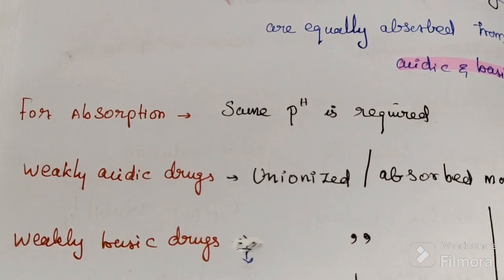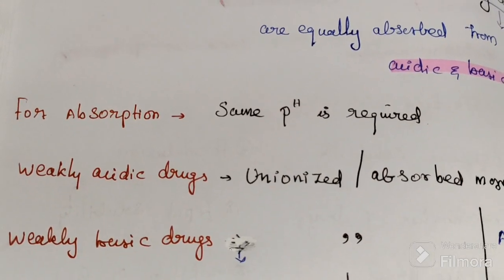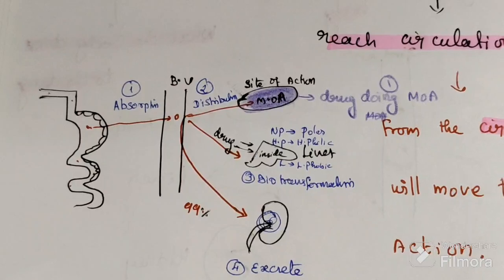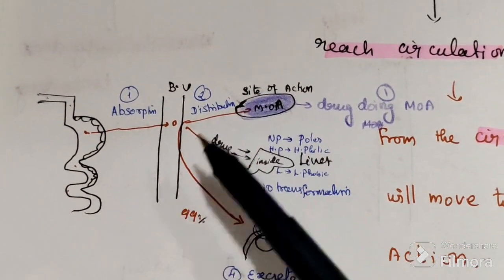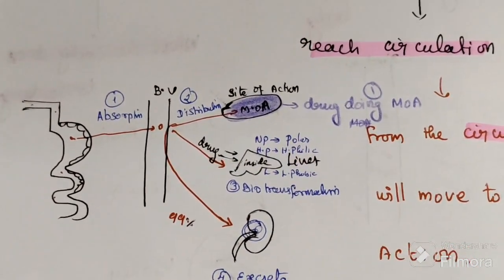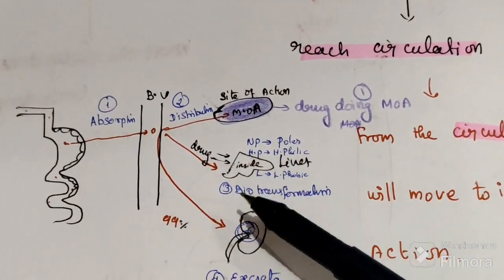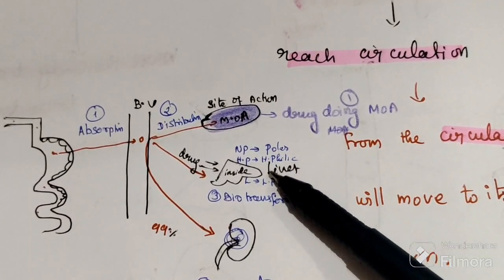Now the drugs move to the site of action and show their mechanism of action. They move to the liver, where they are converted from non-polar to polar.